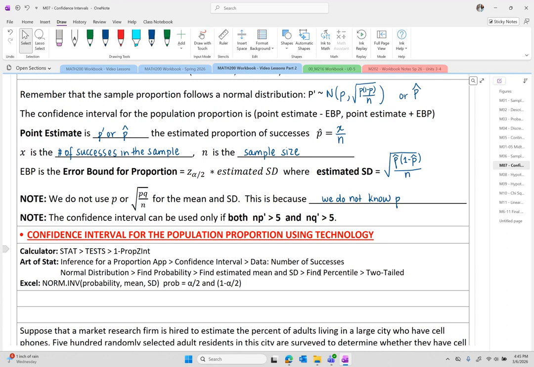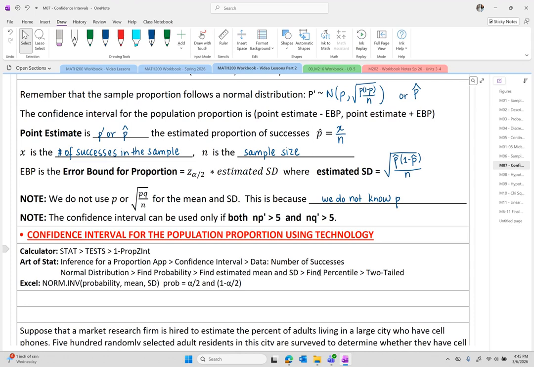And the reason we have to use p hat and not p is because in inferential statistics, we don't know the true population proportion or the true population mean, and we are trying to estimate it with the sample proportion or the sample mean, and then make some inferences for the actual value of the true population proportion.